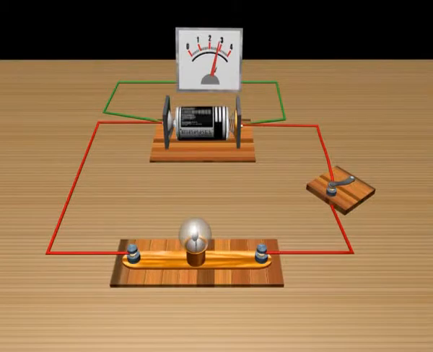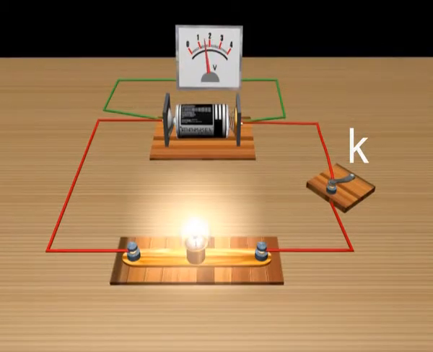A high resistance voltmeter V is connected across the two electrodes or terminals of the cell. If the key K is not closed, the circuit remains open. No current flows through the circuit. Now, the reading of the voltmeter is equal to EMF of the cell, as per definition of the EMF of a cell. When the key K is closed, the current flows through the circuit as shown here.